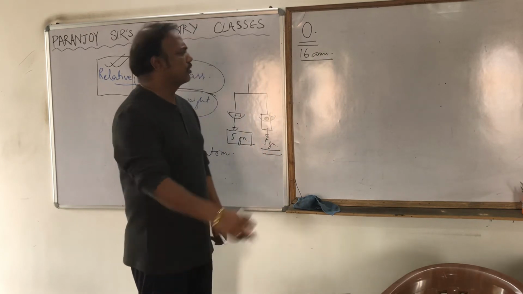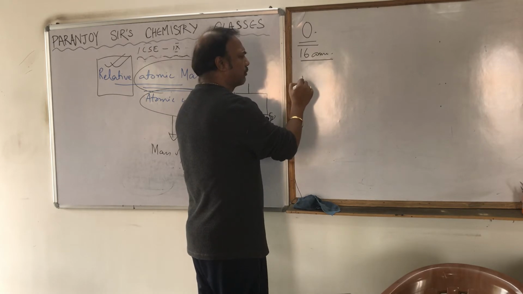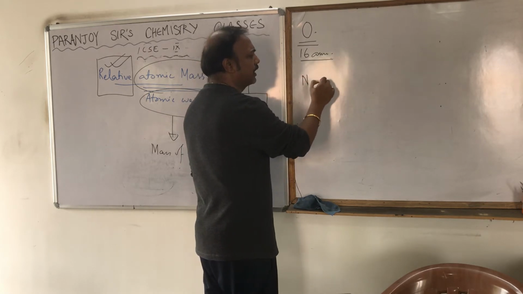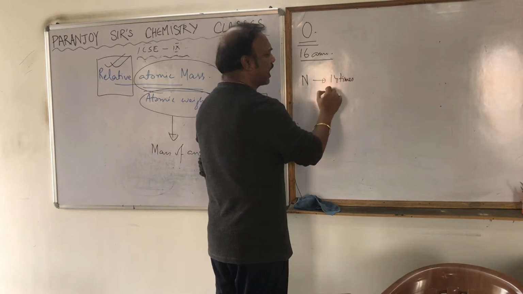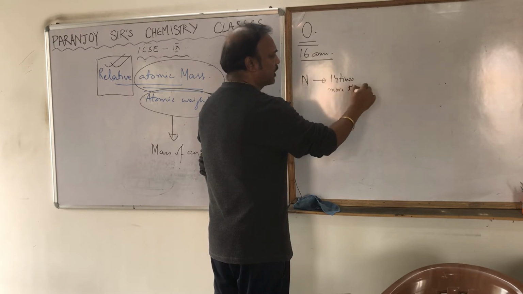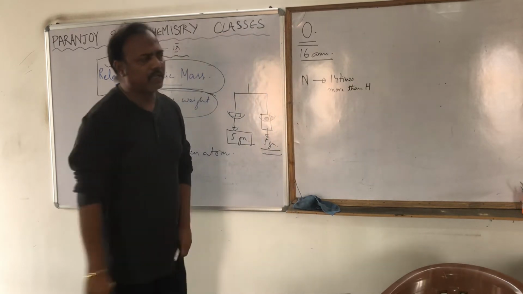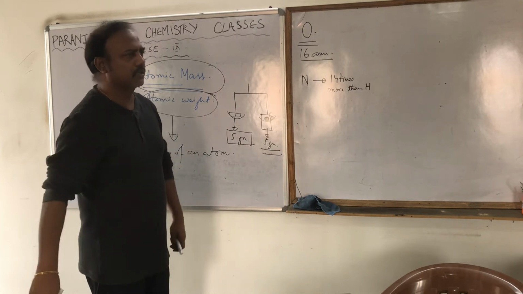Suppose nitrogen's mass, they found, is 14 times more than hydrogen. Fine. So they said that the mass of nitrogen is 14 because hydrogen is considered as 1.